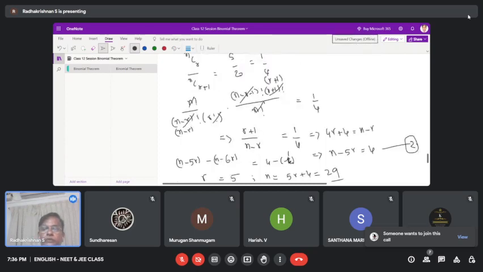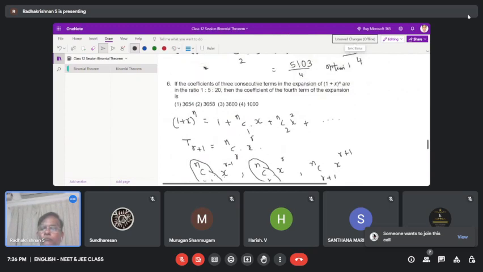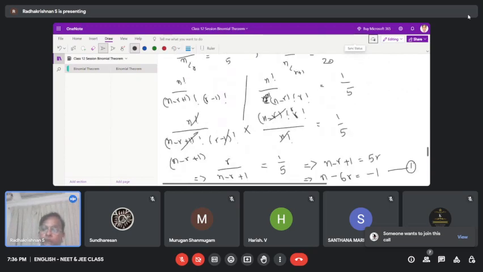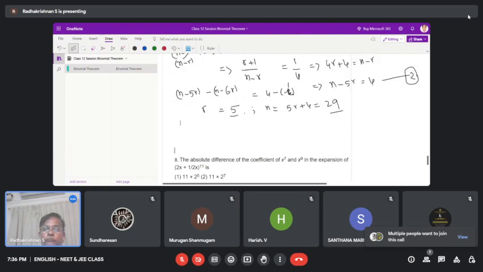So what is the question now? Coefficient of the fourth term. So what is the coefficient of the fourth term? The fourth term is r plus 1 equal to 4, which is r equal to 3.